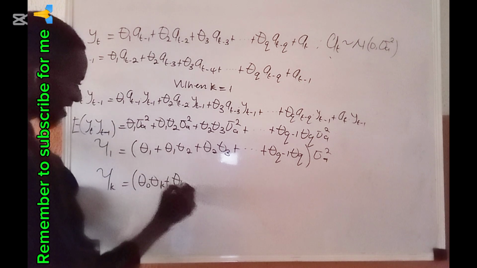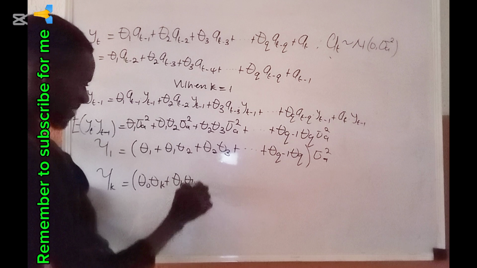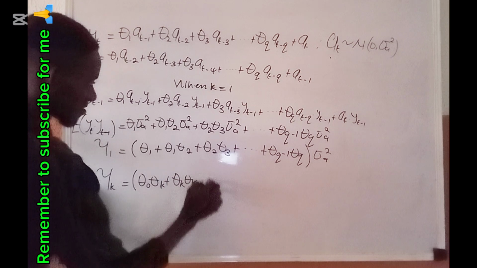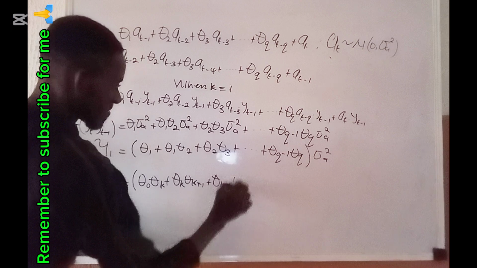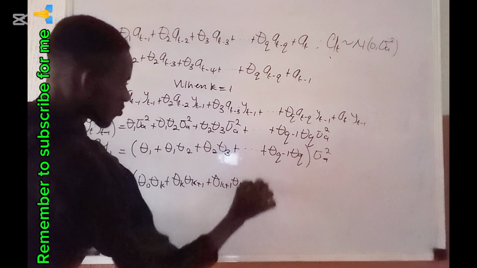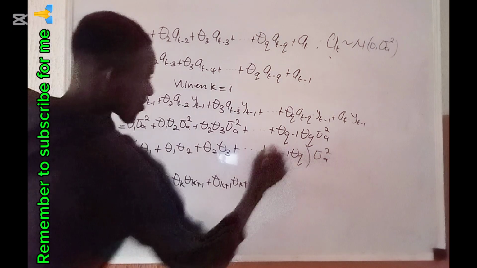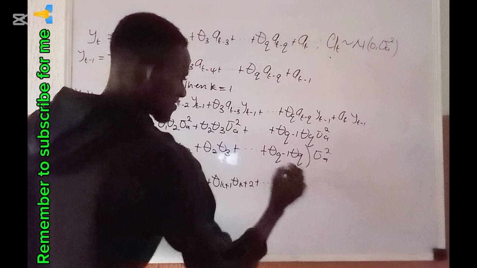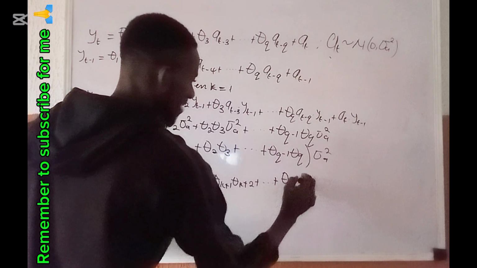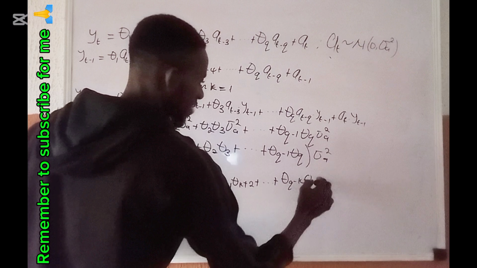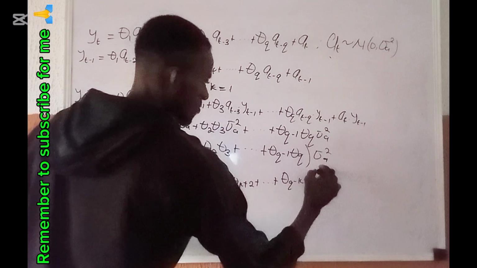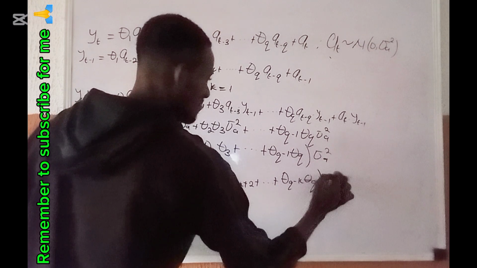So here becomes theta k plus 1. Plus, we have here theta k plus 1, theta k plus 2, plus, plus. We have theta q minus k, theta q, close it, sigma squared of a.